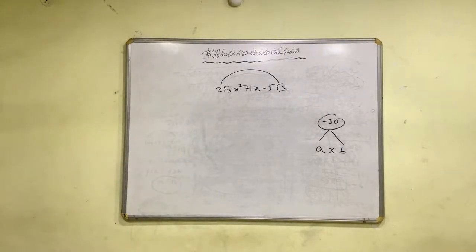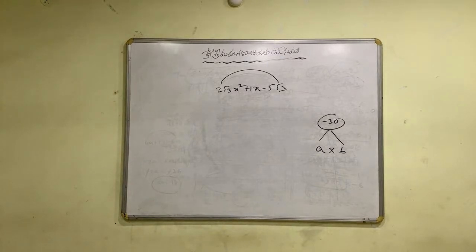This is a different type of sum, because if you see the coefficient of x, it is a rational number. So you need to search for a and b values, both must be rationals, because the coefficient of x is rational. What is the coefficient of x? Type in the chat box.